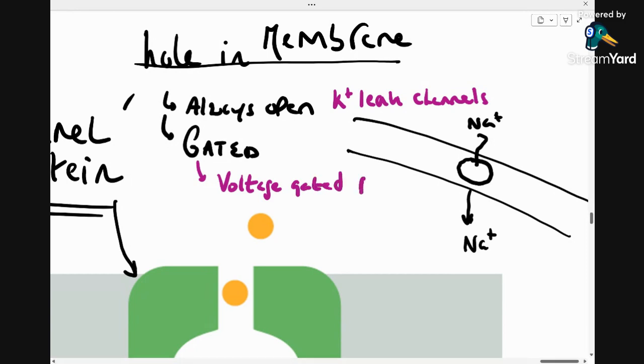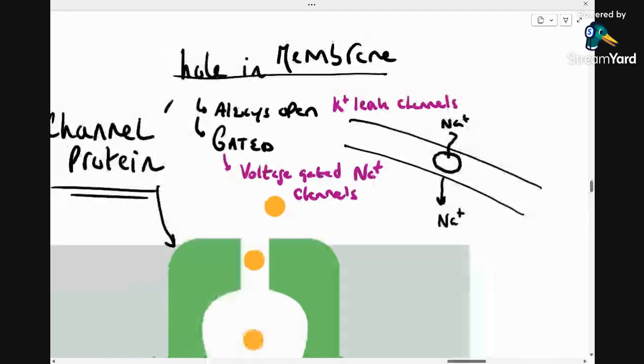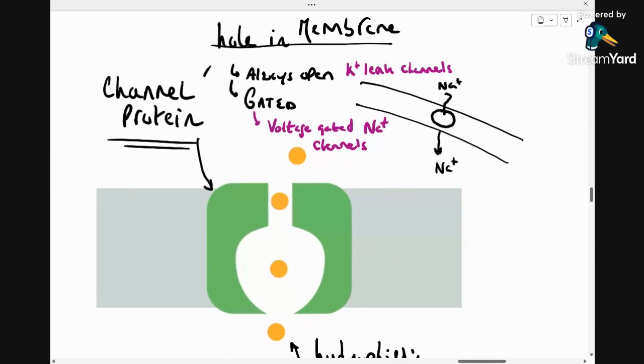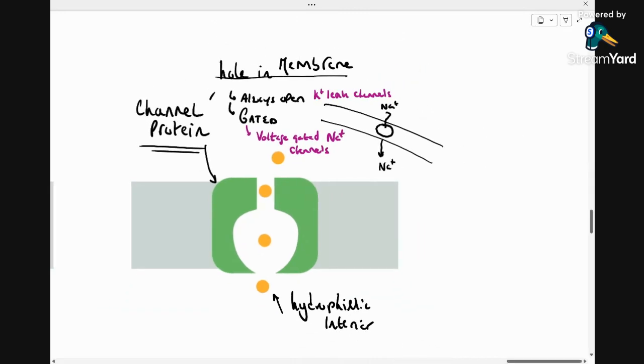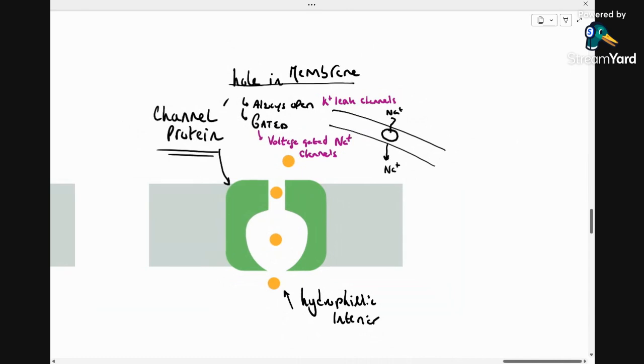So voltage gated sodium ion channels are a good example of something that's gated. In other words, they only open under certain circumstances. But essentially, it's a hole in the membrane, right? You either just cover the hole up and remove the covering if you want to allow it to be gated, or just leave it always open in the case of a potassium leak channel. But that's next year, but I just wanted to point it out.